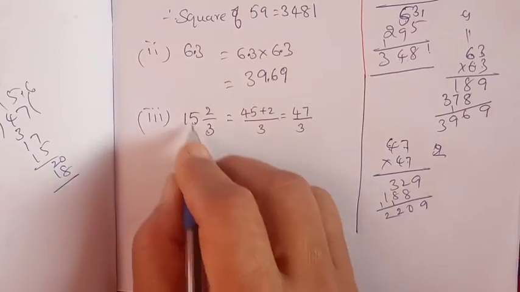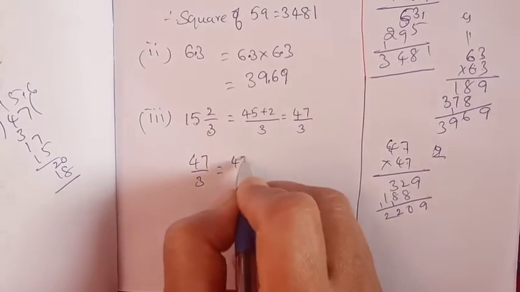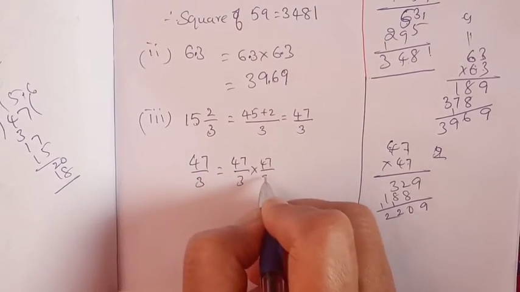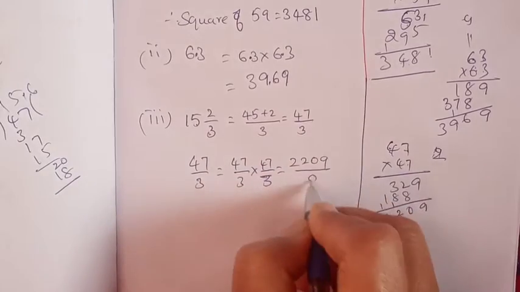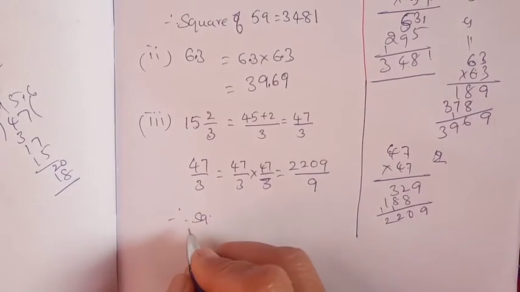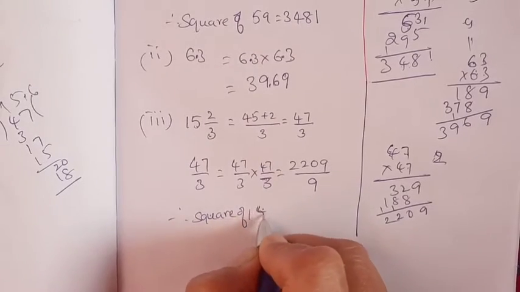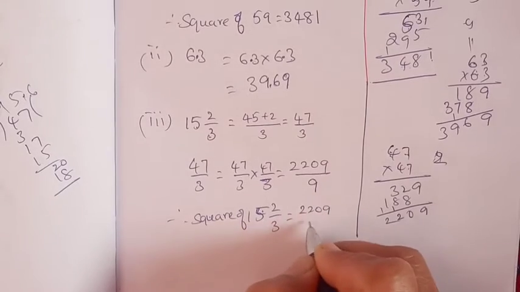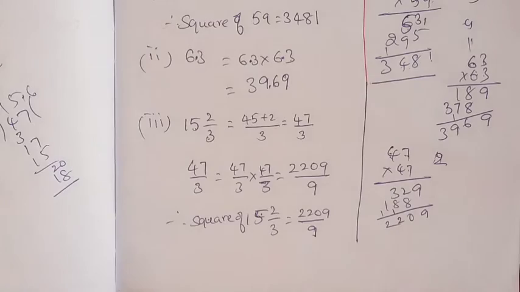So according to this, 47 by 3 into 47 by 3, how much? 2209 by 9. Therefore, square of 15 2 by 3 is equal to 2209 by 9. Okay, children?